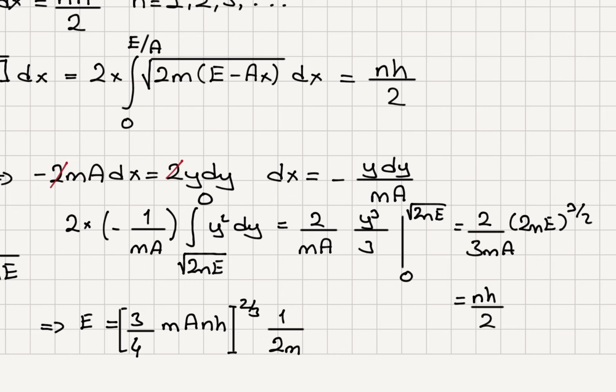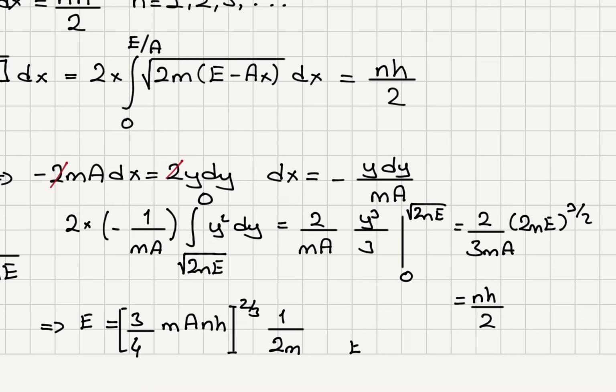So this is 2mE, which is obtained by taking the power of 2 over 3 of both sides, and that's what I obtained for the energy. And this gives me my final answer for the energy levels.